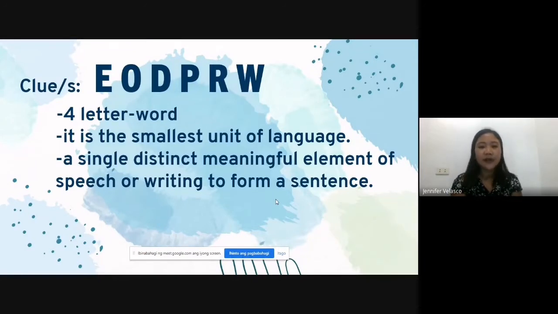Another clue: it is the smallest unit of language. It is also a single, distinct, meaningful element of speech or writing used to form a sentence. So, without this, you cannot form a sentence. Do you have a clue now, or an answer, I mean?